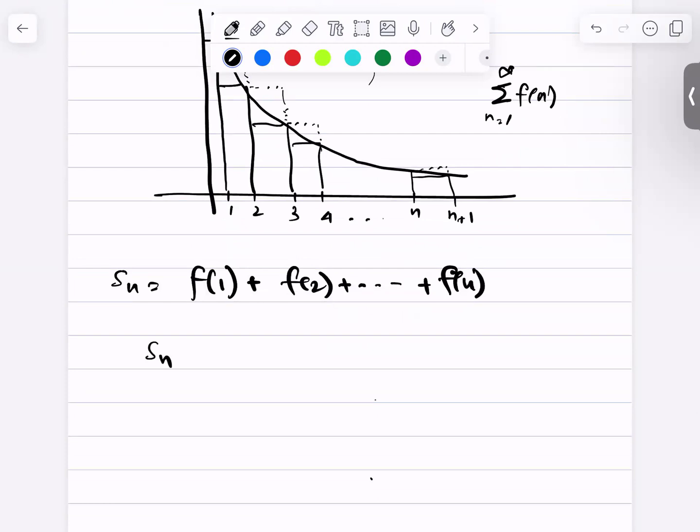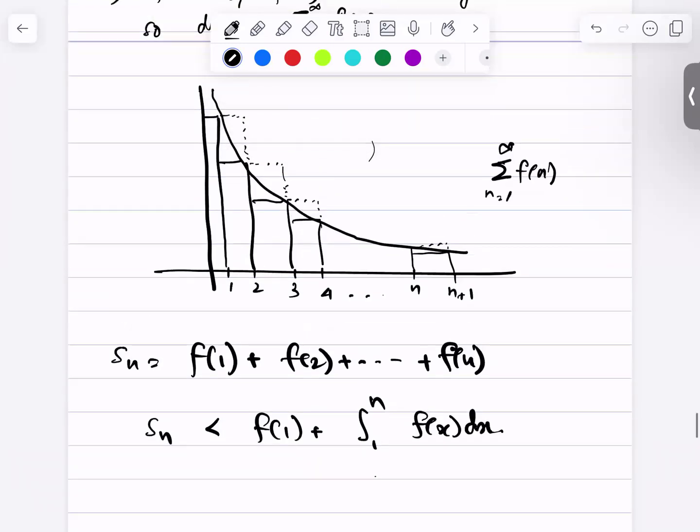Now that S_n is less than f1 plus the integral from 1 to n of f(x) dx. Why? Because again, the same kind of logic goes on here. So if I consider the integral from 1 to n of f(x) dx, then that is the area of this blue shaded region.